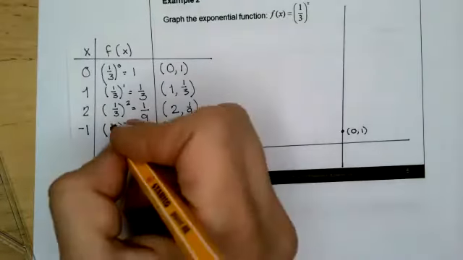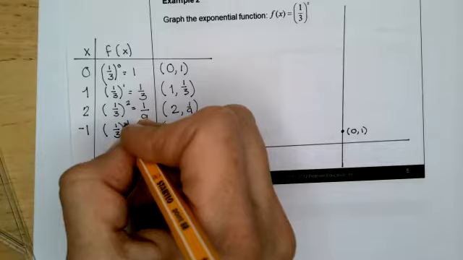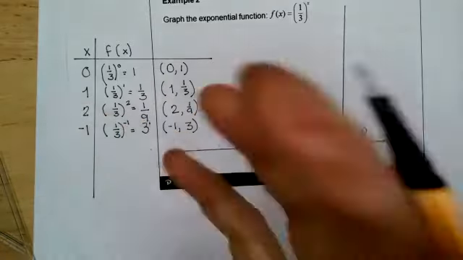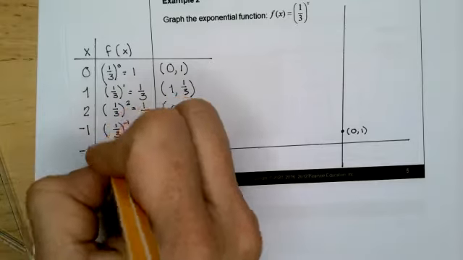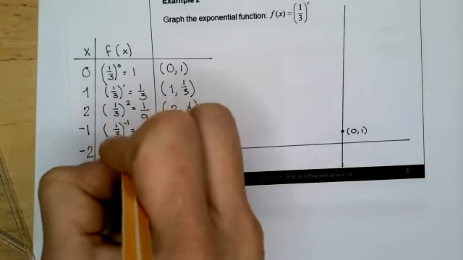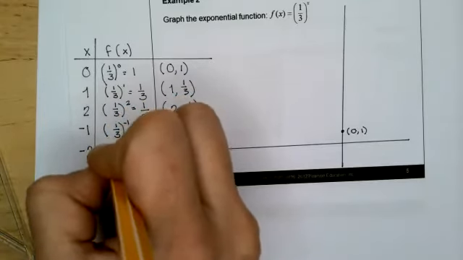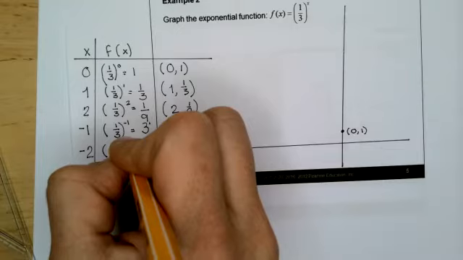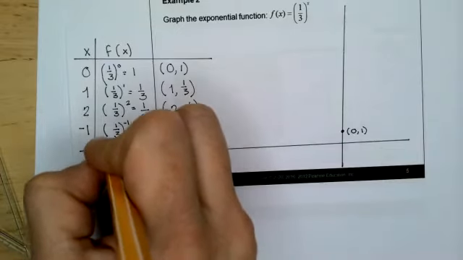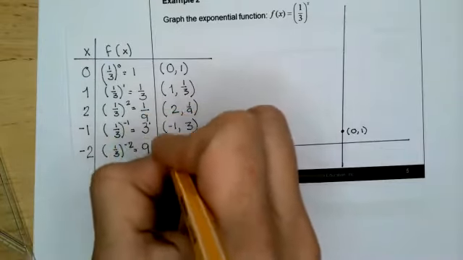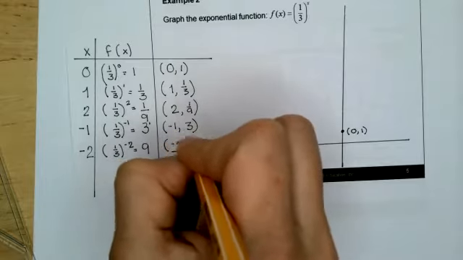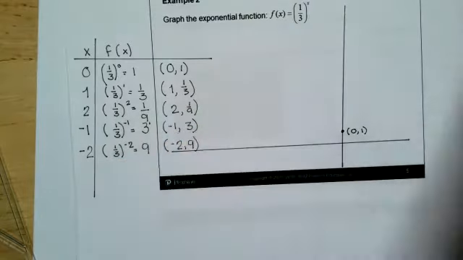So (1/3) to the power of -1 becomes 3, no fraction. For -2, (1/3) to the power of -2 means I move the 3 up to make the exponent positive. That becomes 3 squared, which is 9. So (-2, 9) is my next point.